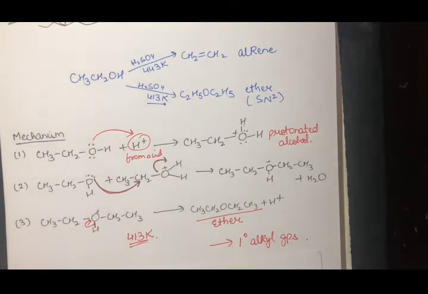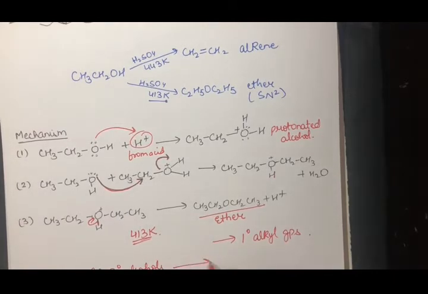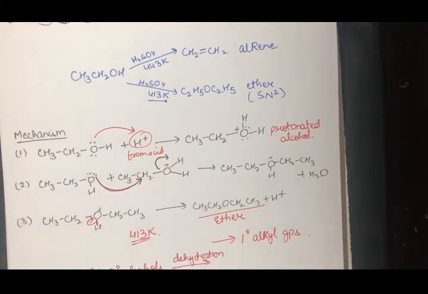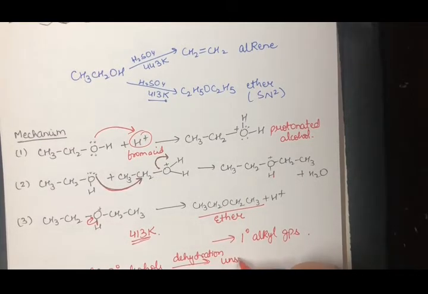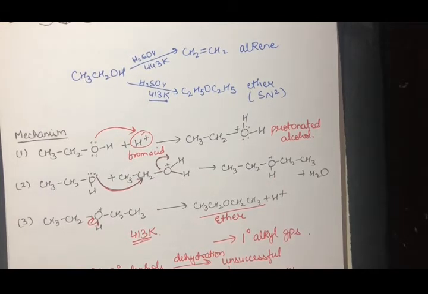Because if I am taking secondary and tertiary alcohols, and you try to do the dehydration, now what will happen? Because of this crowd here, it would be sterically hindered and the reaction would be unsuccessful. What will happen? Elimination will compete over substitution.